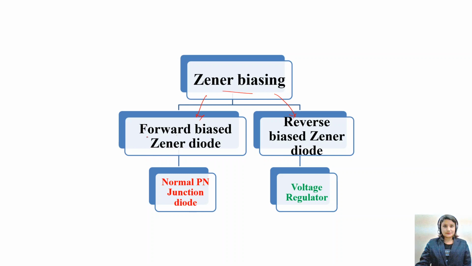But when we make Zener forward bias, its behavior is very much similar to a normal PN junction diode. And here is the speciality of your Zener diode. When it is made reverse bias, it acts as a voltage regulator, right? And why it acts as a voltage regulator, we have to cover this point.